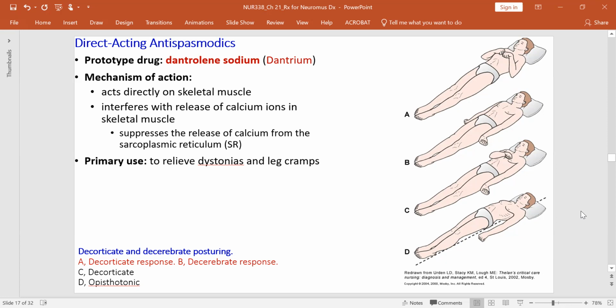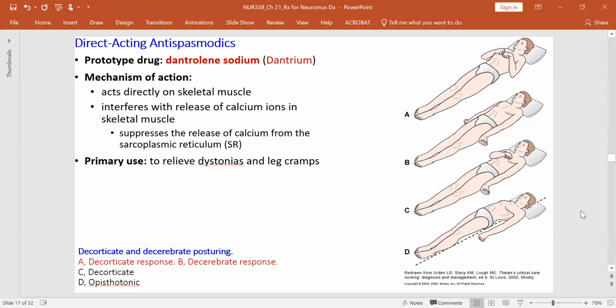So again, dystonia is a chronic neurologic disorder characterized by continuous involuntary muscle contraction that forces body parts into abnormal, occasionally painful movements or postures, like one of these four postures, the decorticate or the decerebrate postures.